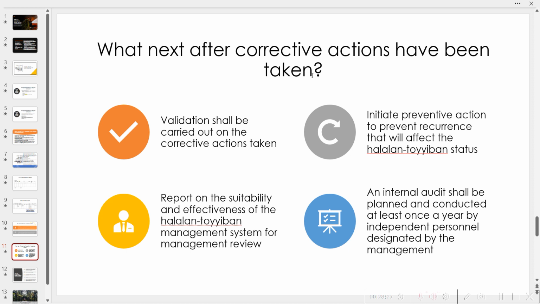What next after corrective action? After you carry out corrective action, you need to carry out a validation to check whether the corrective action is really effective or not. For example, for that slaughtering activity, we stop the slaughtering, change the slaughterman, and check the knife condition. Is that enough for corrective action?